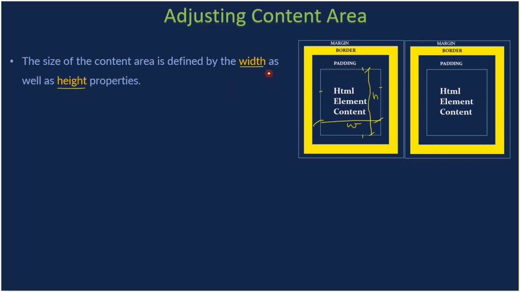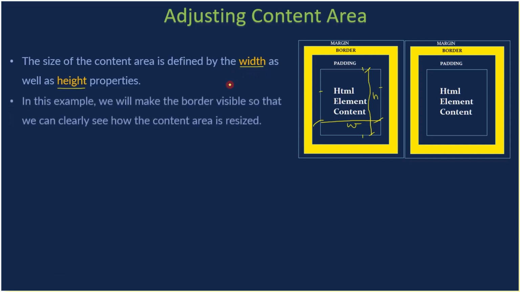Here we are talking about the content area with the height as well as width. In this example, we will make the border visible so that we can clearly see how the content area is resized.